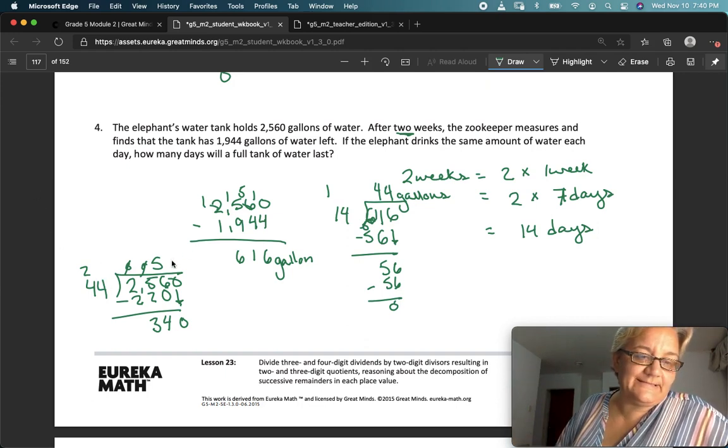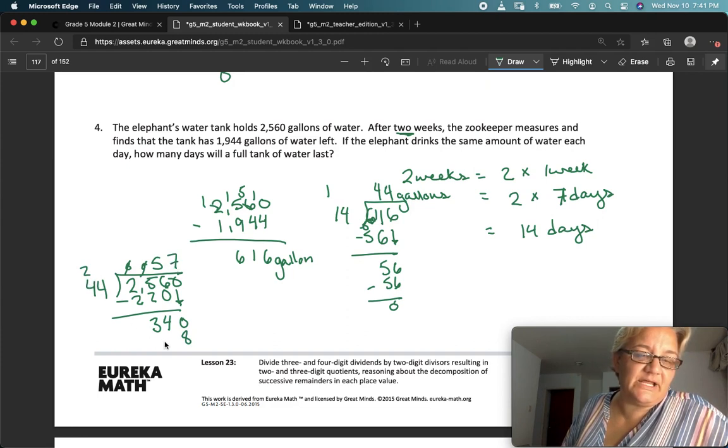Let's call that 10 times would be 440, right? So 1, 2, 3, 4, 5, 6. Let's try 7 times. 7 times 4 is 28. Carry the 2. 7 times 4 is 28.